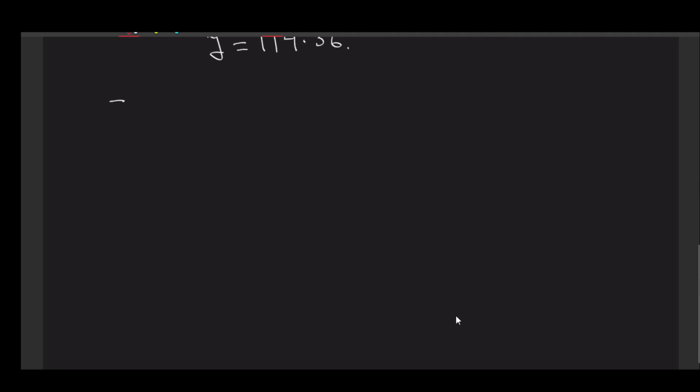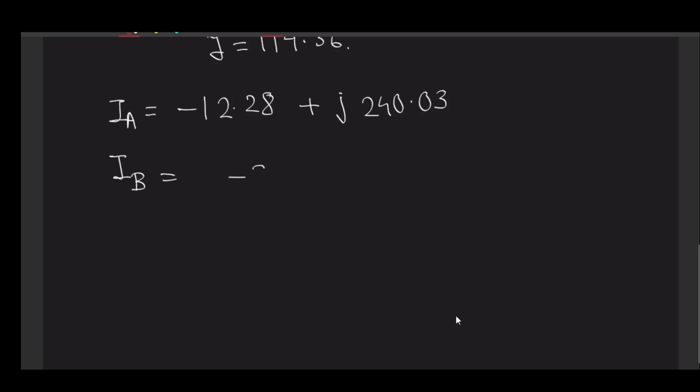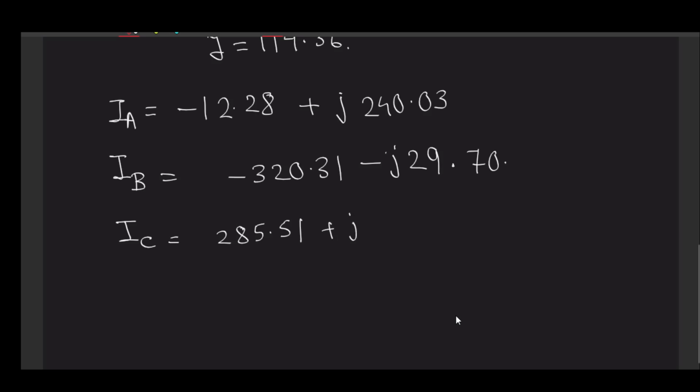You will have to put the coordinates of xy everywhere, and IA you will get minus 12.28 plus J240.03. IB will be minus 320.31 minus J29.70. IC will be 285.51 plus J104.